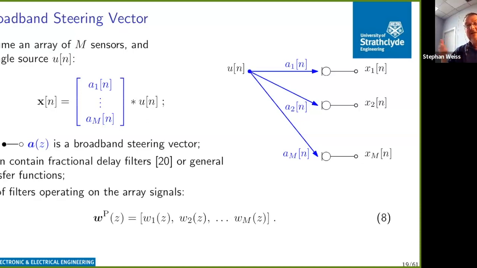In the simplest case, even in free space propagation, the filters that you obtain from this are fractional delay filters, so they still have a substantial length generally. So what you now would like to do is have some filters that operate on these array signals and perform some coherent combination or perhaps a destructive interference of your source signal U of n, right?